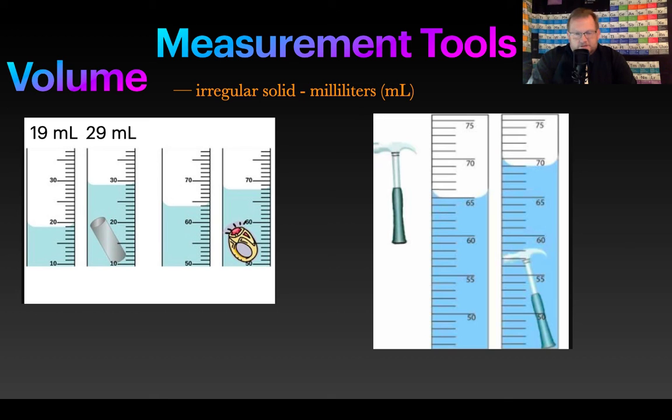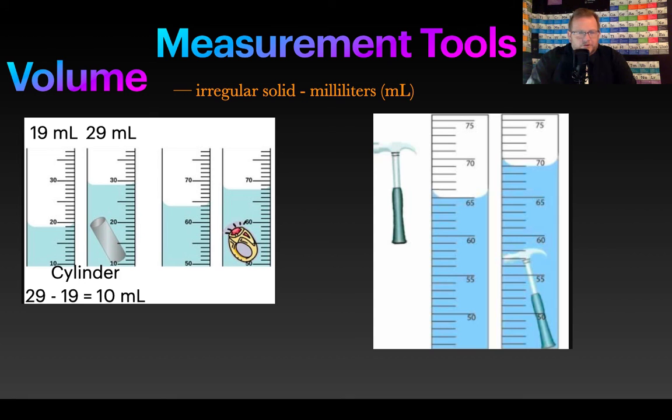The water with the cylinder minus just the water gives us the volume of the cylinder. So you're going to do 29 minus 19, which gives us the cylinder is 10 milliliters is its volume. Okay, not real difficult, but just remember that this is for the volume of a specific, irregular item.